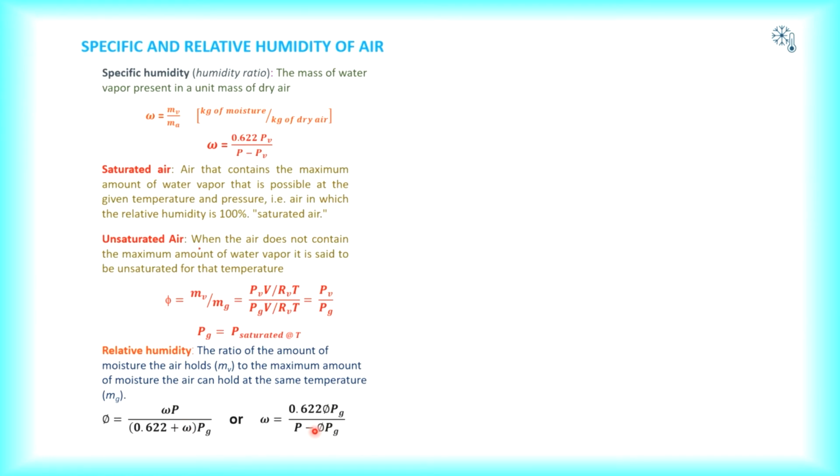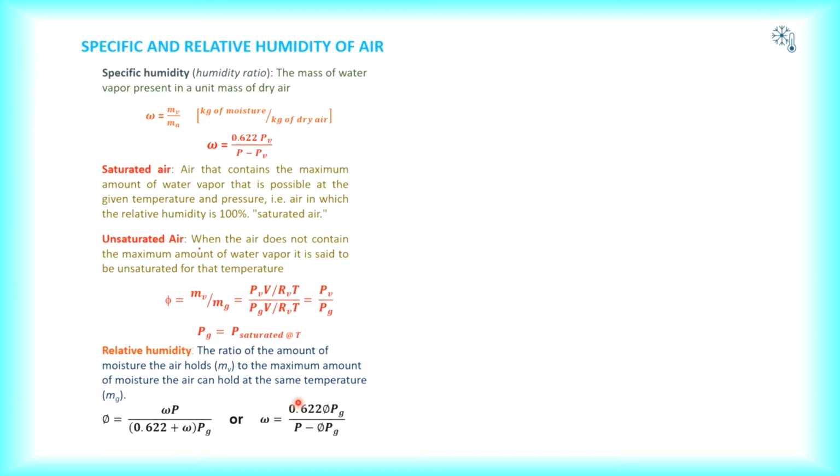Now, what is this 0.622? If you take RA over RV, RA is 0.2871. If you take 0.2871 divided by 0.4619, if you have a calculator, you can calculate. You will get a value of roughly 0.622.